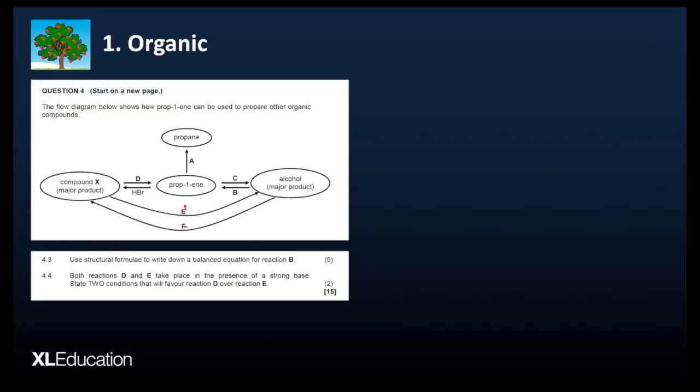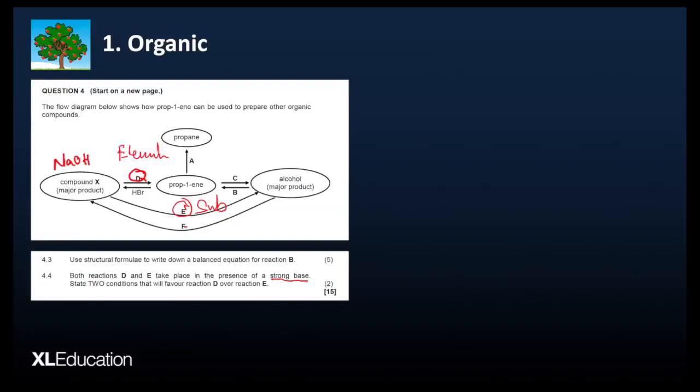E is a substitution reaction. D is an elimination. Right. So the two reactions all need a strong base. We have had an example of a strong base, which is sodium hydroxide.